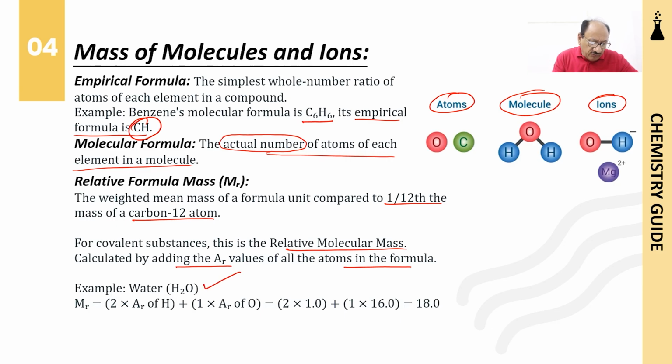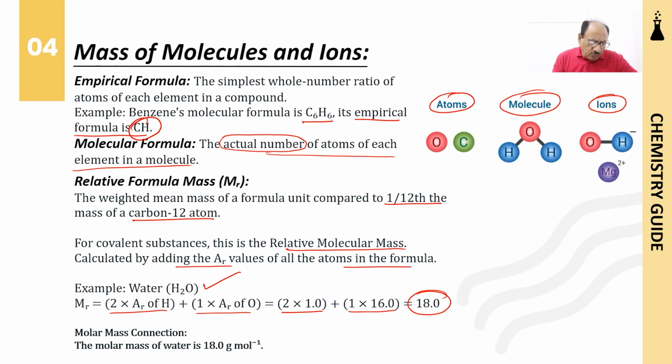In water, we have 2 hydrogens, so 2 multiplied by the relative atomic mass of hydrogen, which is 2 × 1, and 1 multiplied by the relative atomic mass of oxygen, which is 1 × 16, and the molecular mass will be 18.0, which is the relative formula mass.